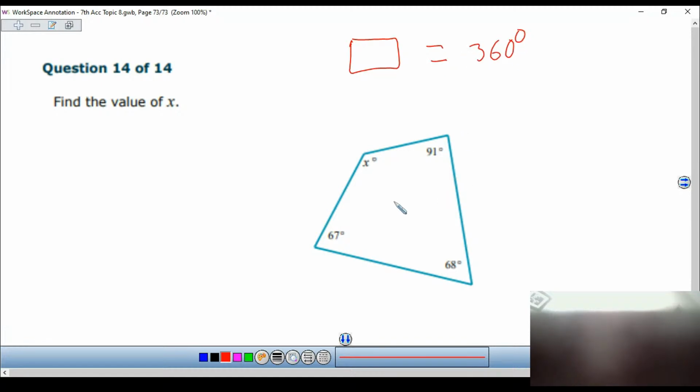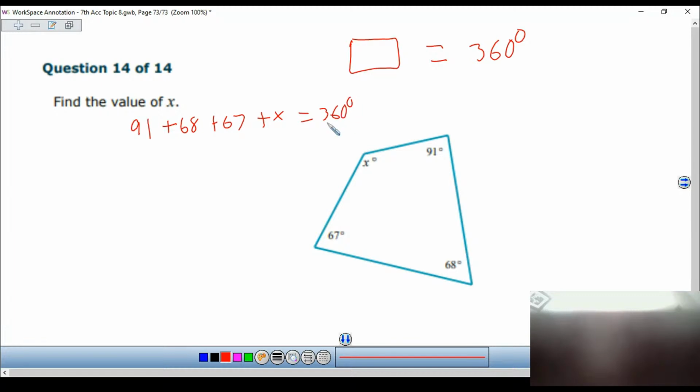So all I have to do is take all these angles, add them up and subtract from 360. So we've got 91 plus 68 plus 67 plus x, and all that equals 360 degrees.